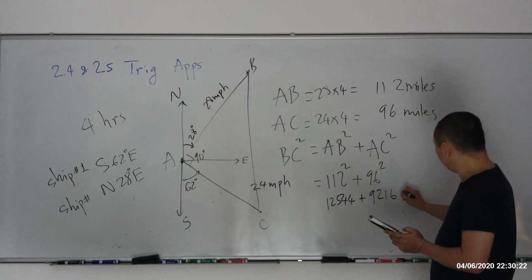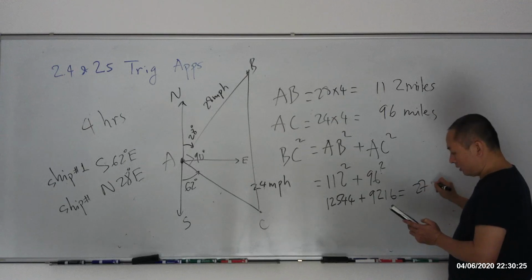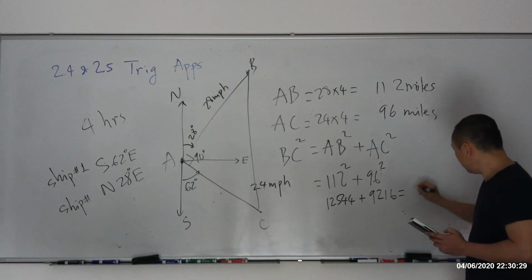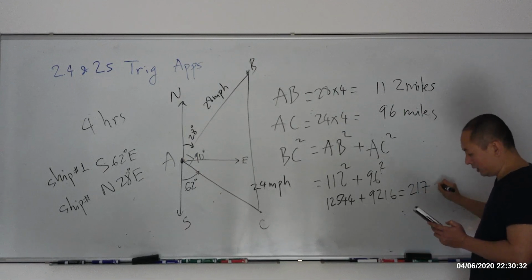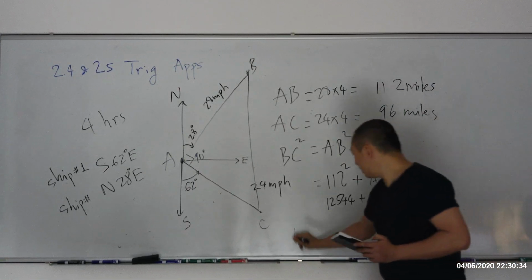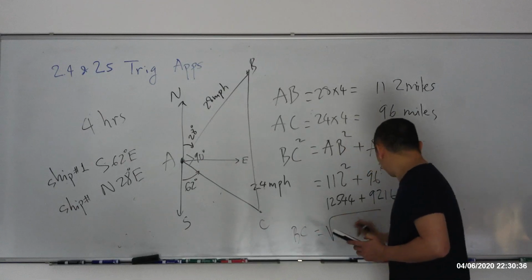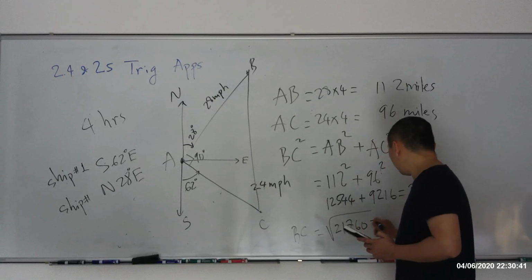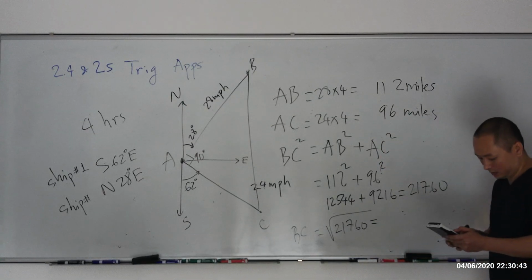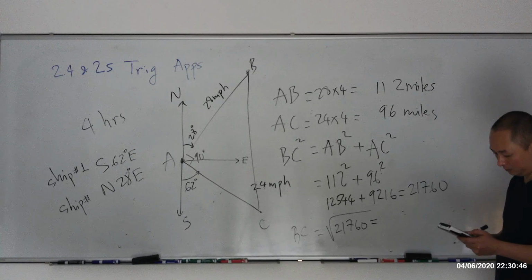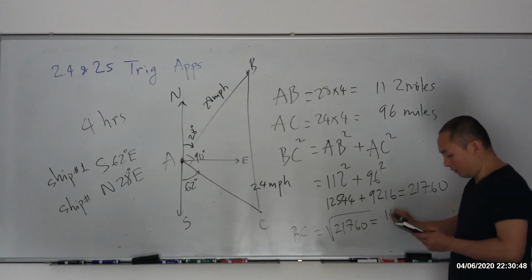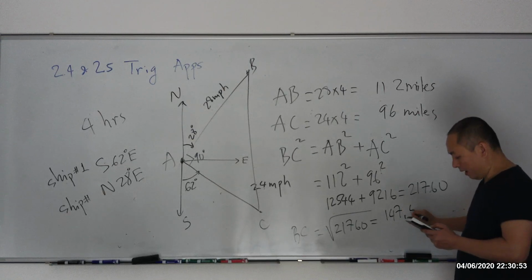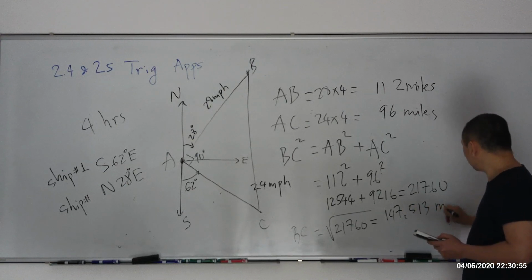That's equal to 21,760. So BC is the square root of 21,760, and that's equal to approximately 147.513 miles.